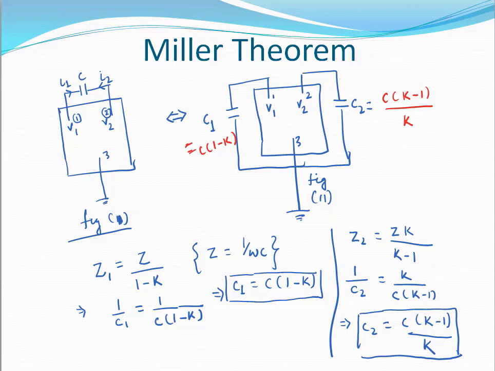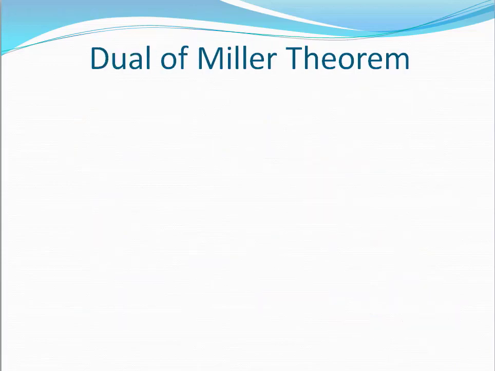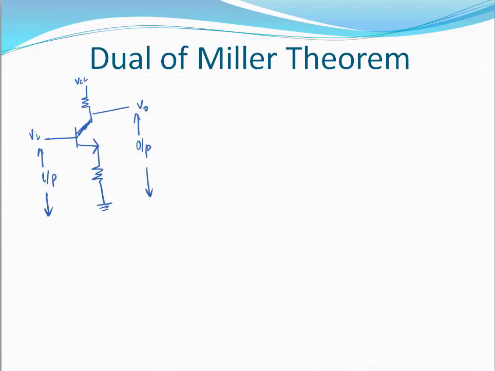So the next topic after the Miller theorem is the dual of Miller theorem. So see the scenario here. This is the circuit, and the input is taken across base and emitter grounded, and output is taken from collector and emitter grounded.